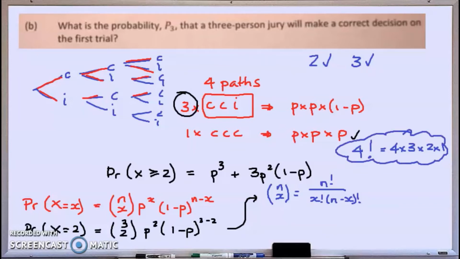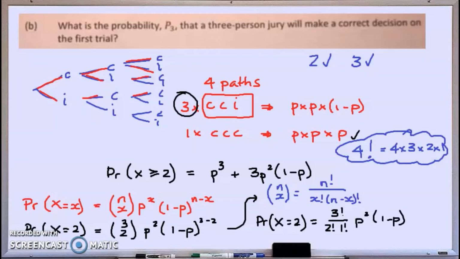If we're going to substitute that into this now, we will get that probability of x equals 2 will be 3 factorial over 2 factorial 1 factorial times p squared 1 minus p.